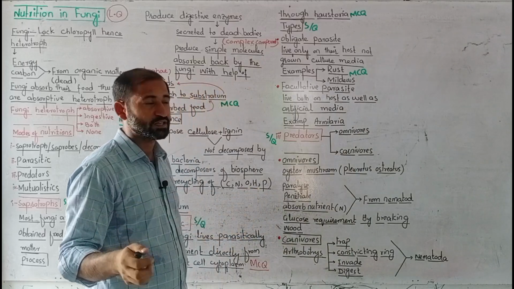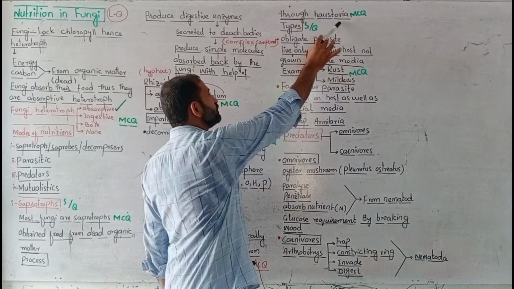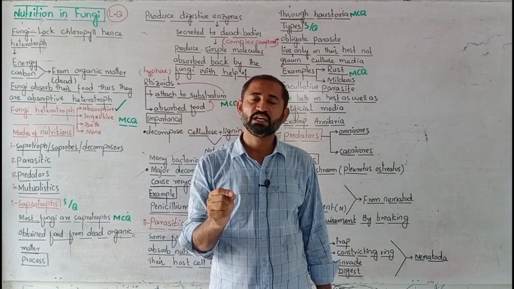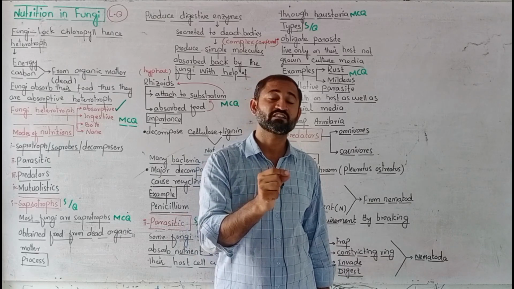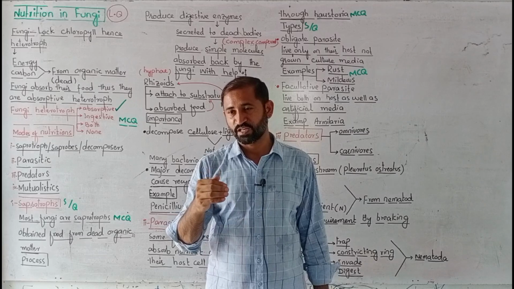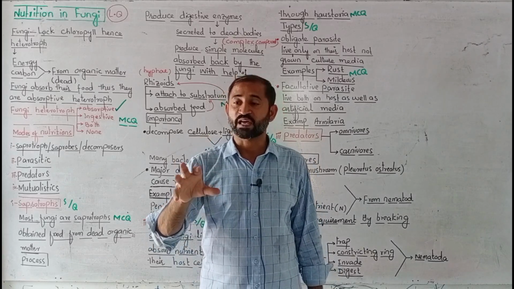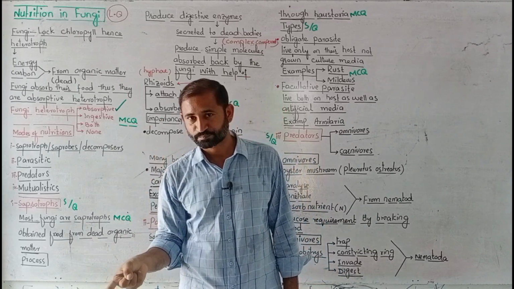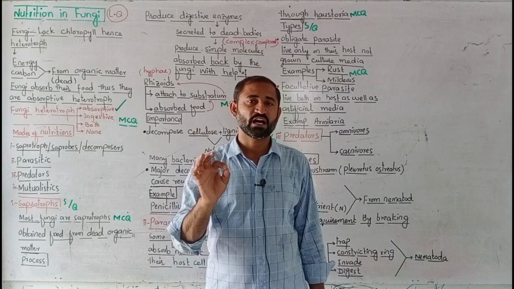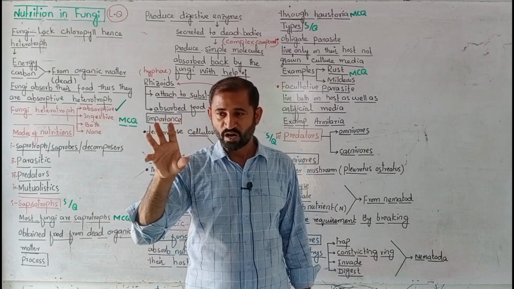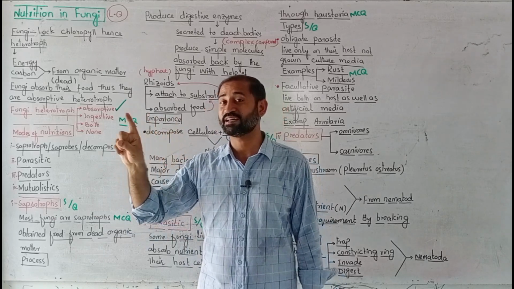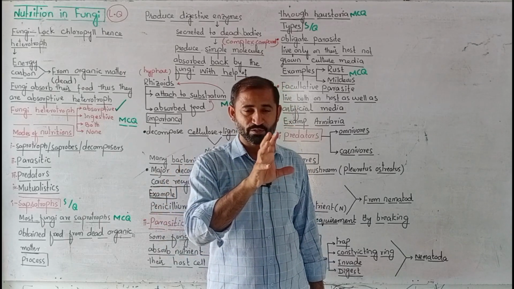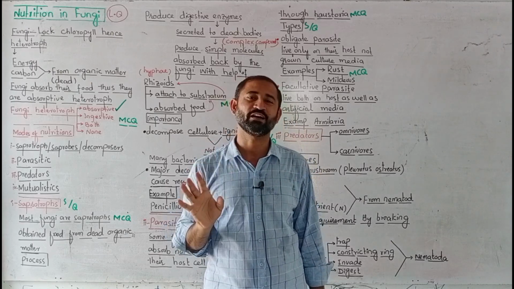Now one thing to be clear about is haustoria and rhizoids. This one is also an MCQ. If a fungus obtains its food as a saprobe, then the part of the fungus used for absorption is the rhizoid. In decomposer fungi, the part of the body used for absorption is the rhizoid, whereas in parasitic fungi, the part used for absorption of food is the haustoria.